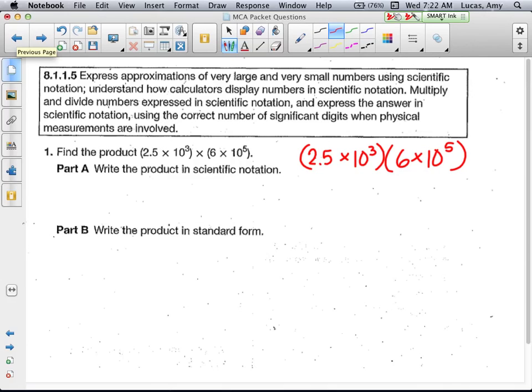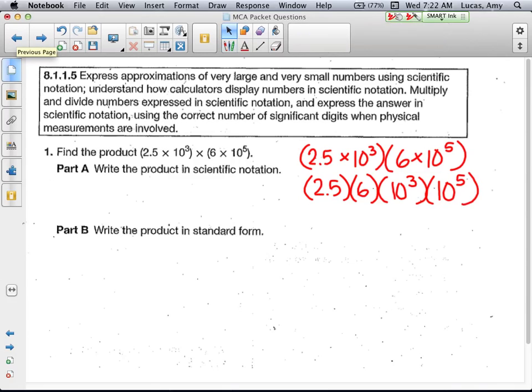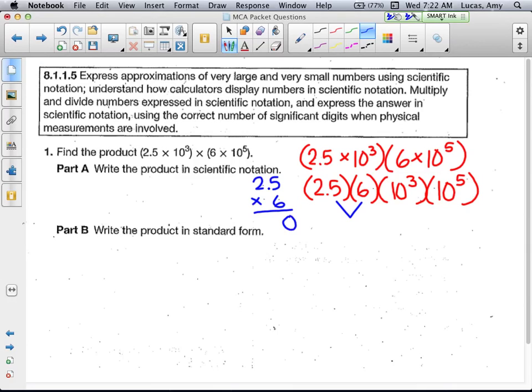Okay, so remember the commutative property says it's okay if we rearrange the order when we are multiplying. So I am going to do a little regrouping here so that I can multiply together 2.5 times 6 first. 6 times 5 is 30. 6 times 2 is 12, plus 3 is 15.